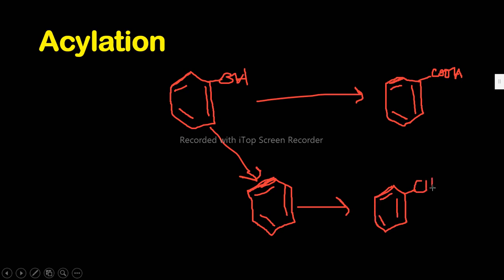Do you know how to add a methyl group on the benzene? Do you know the mechanism of reaction that leads to addition of a methyl group on benzene? And then finally you oxidize this methyl group into a benzoic acid.